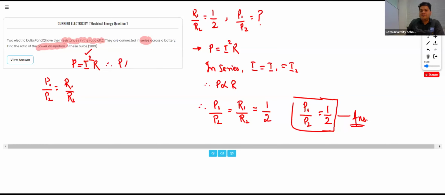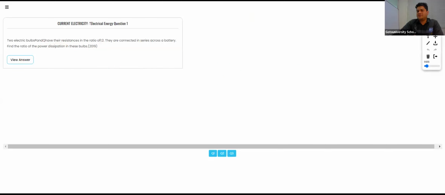Therefore, we'll say that P is directly proportional to R. Okay, this question was asked in 2019 for 3 marks.